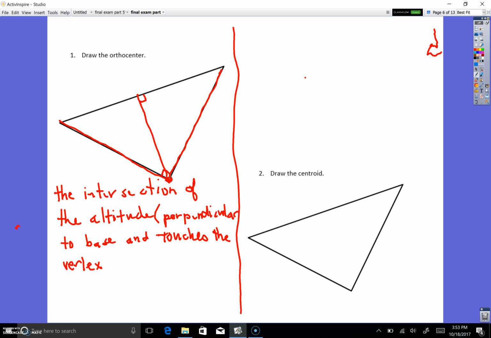Okay, the centroid is created with the median. Okay, it's the intersection of the median. Alright, sorry about my pen. It's the intersection of the median.